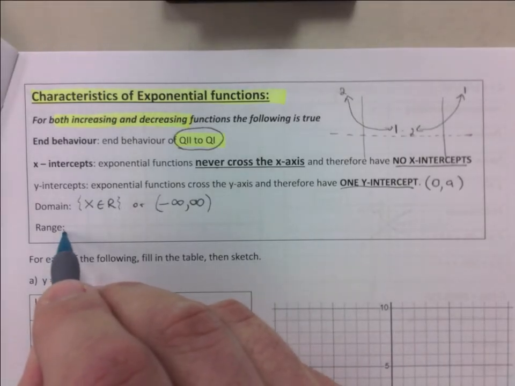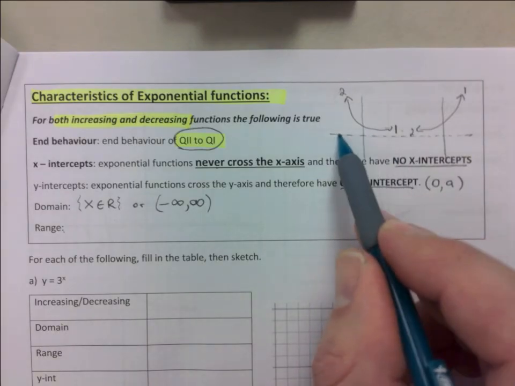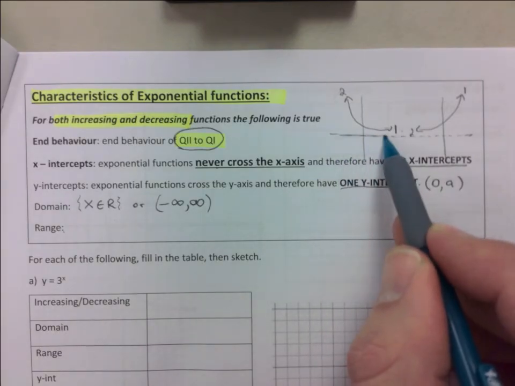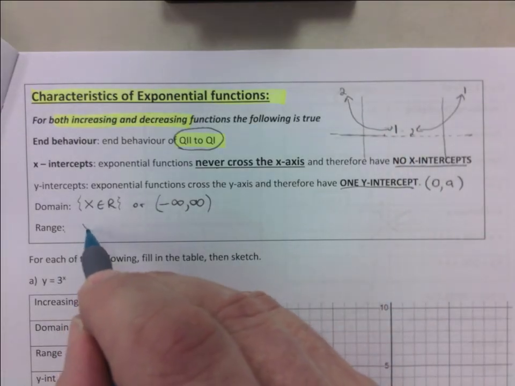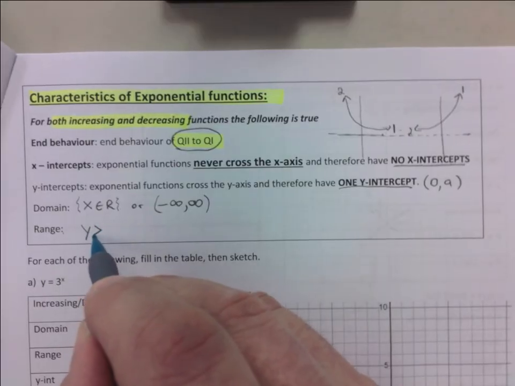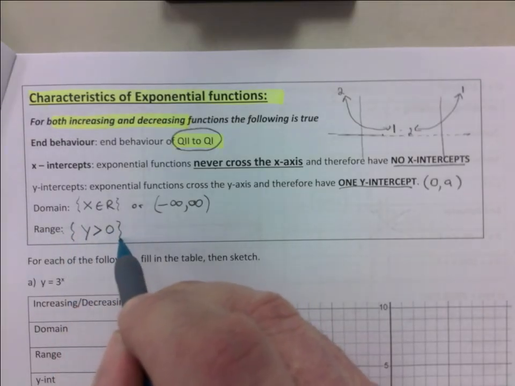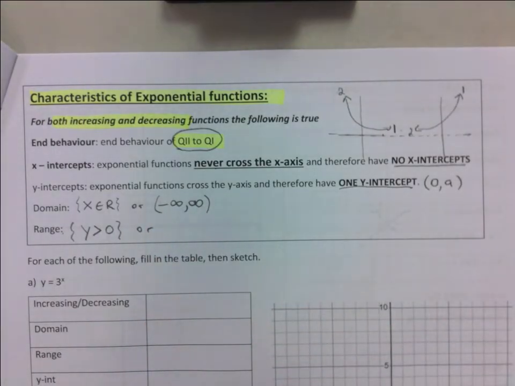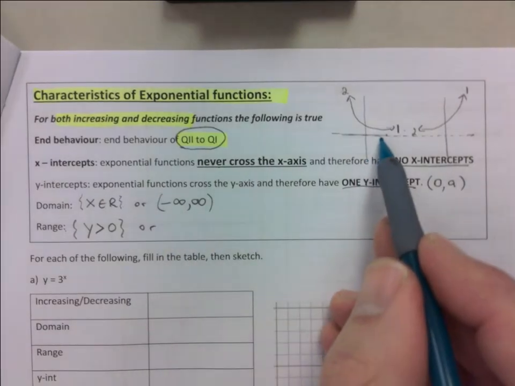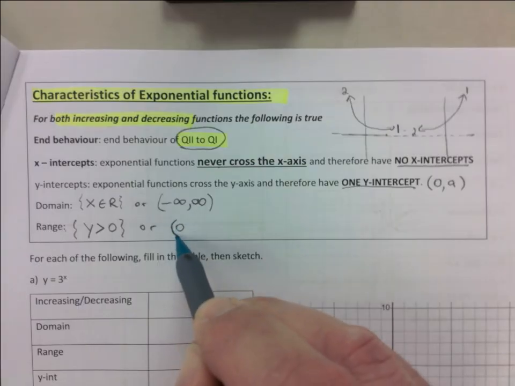Range, this is new. This is new. Range. What's the lowest it can ever get to? 0, but it never touches 0. So guess what? Y is greater than, but not equal to 0. Or, watch this as well. It goes as low as 0, but it doesn't touch, so you have to use a round bracket.